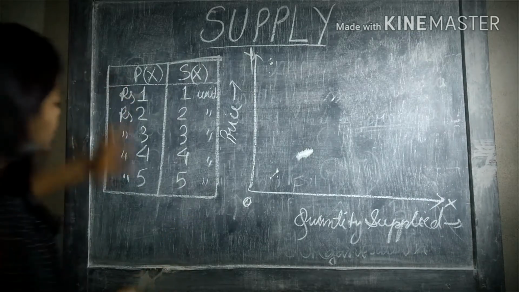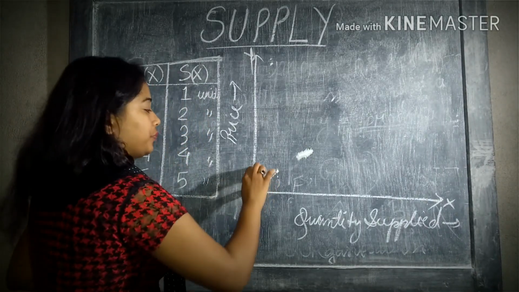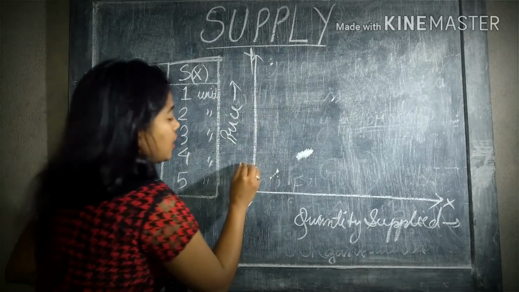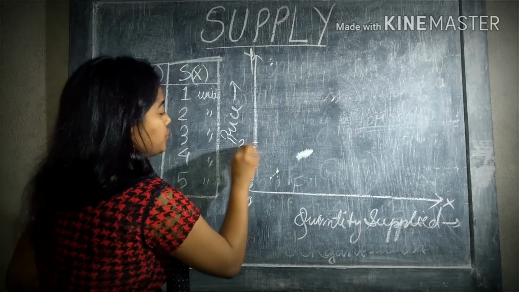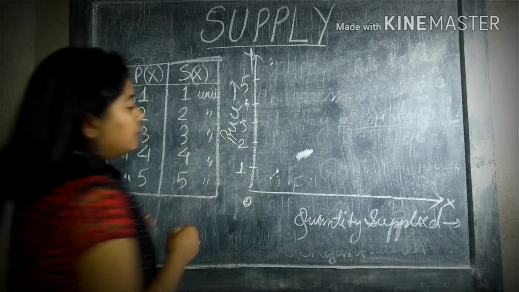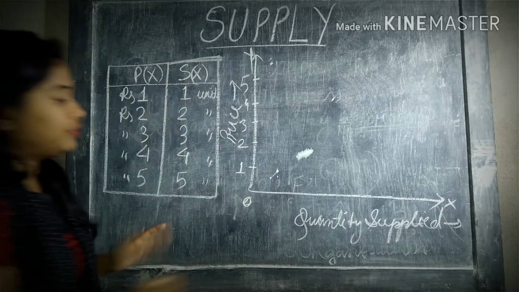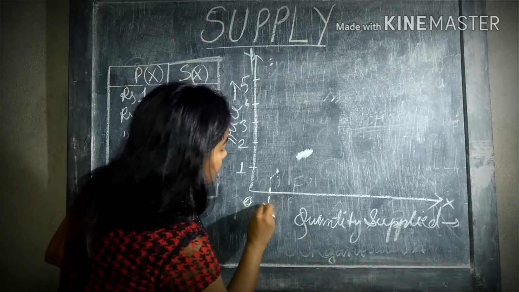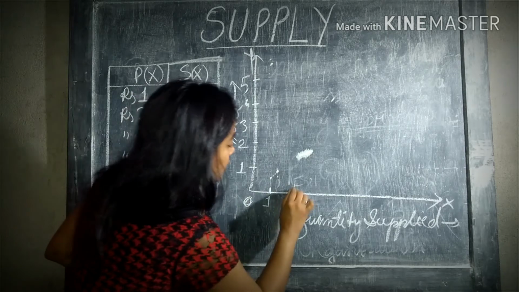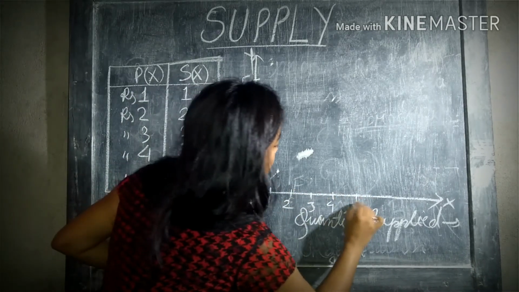They are 1 to 5. So here after every 1 centimeter we can take the distance 1, 2, 3, 4 and 5, and here we take the quantity supplied, and these quantities are also 1 to 5. So here also after 1 centimeter we take the measurement 1, 2, 3, 4 and 5.